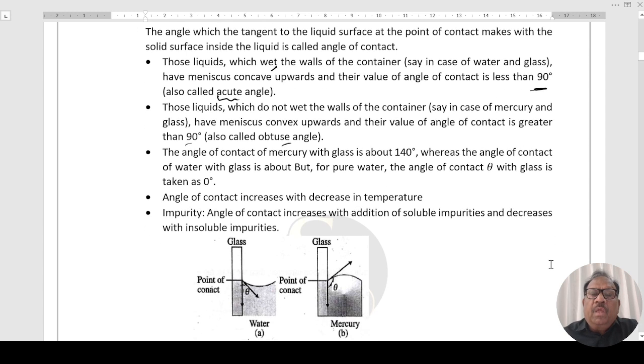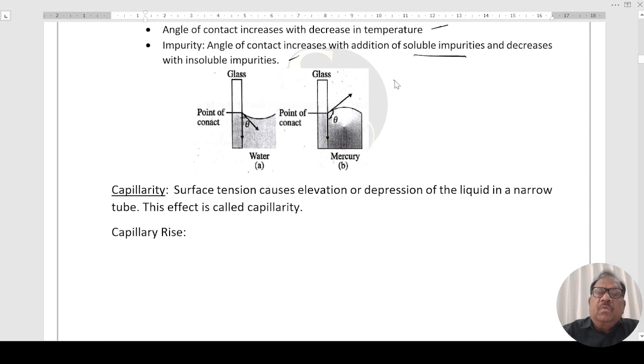The angle of contact of mercury with glass is about 140 degrees. Angle of contact increases with decrease in temperature. What about the impact of impurity? Angle of contact increases with addition of soluble impurities and decreases with insoluble impurities. Right? These are the two cases given to you.